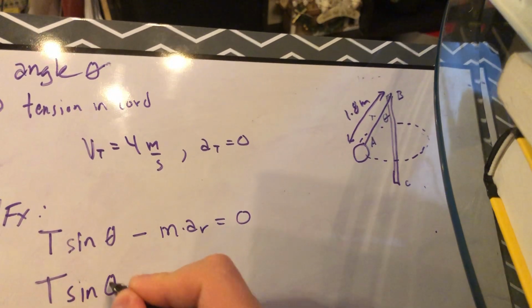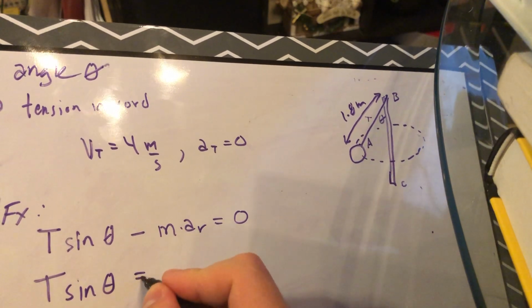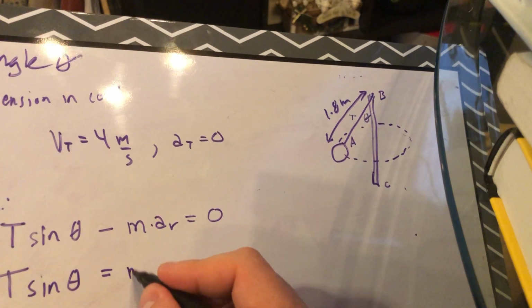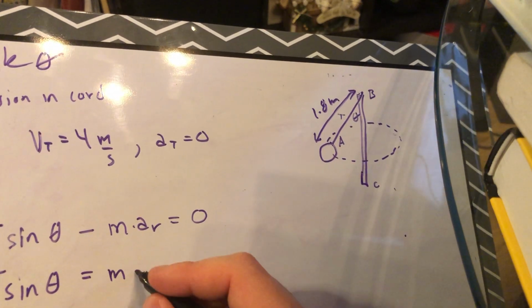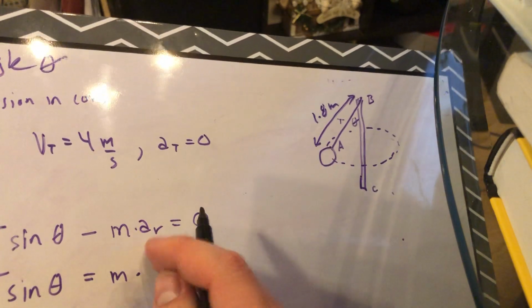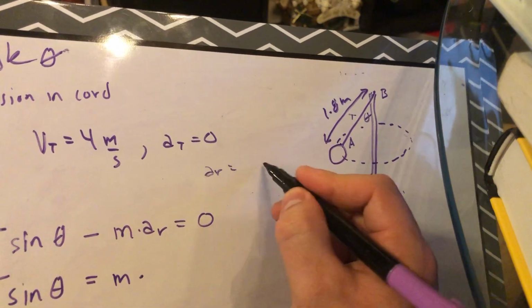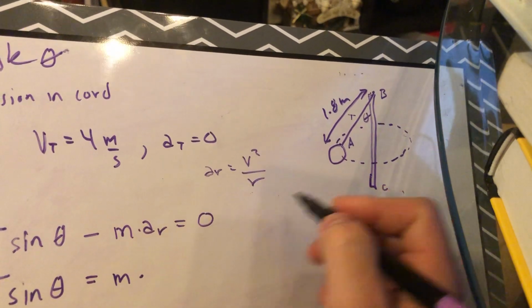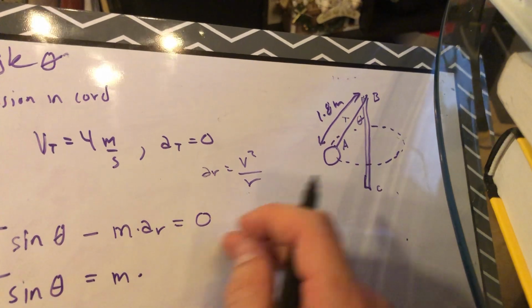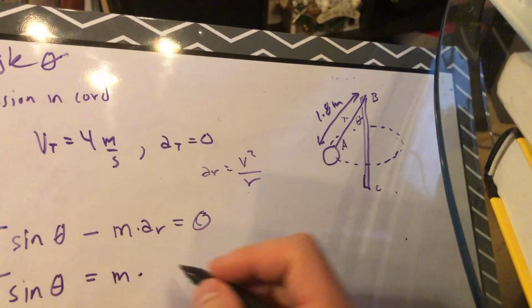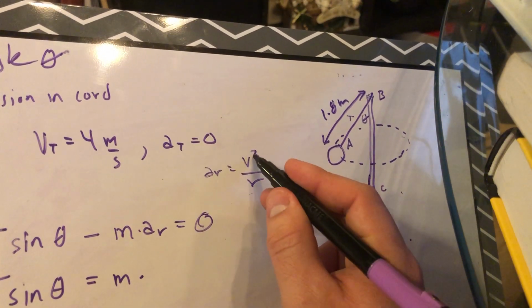Okay. So tension T sine theta is equal to our mass times, for a radial component, a_r is equal to v squared over r, I believe. Radial acceleration, v squared over r.